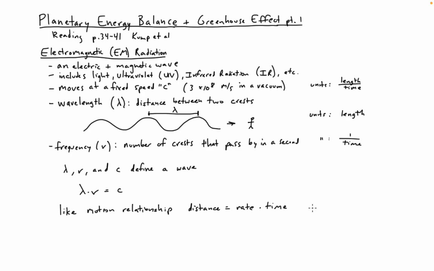The distance being the wavelength equals the rate, which should be c, and then to get the units right, we're not going to multiply, we're going to divide, or we could say times 1 over the frequency.